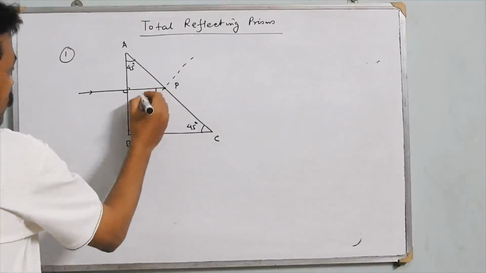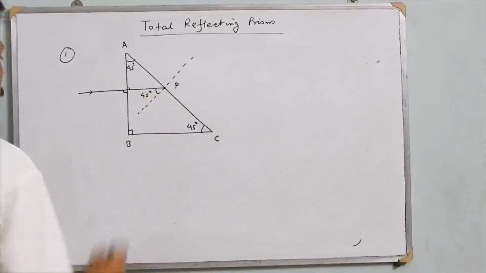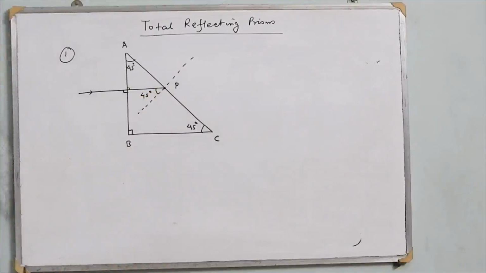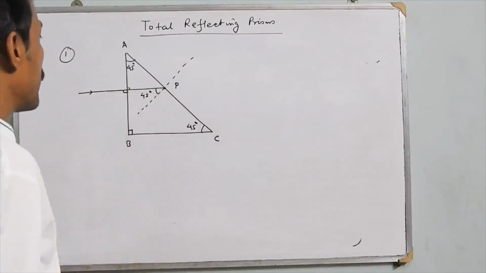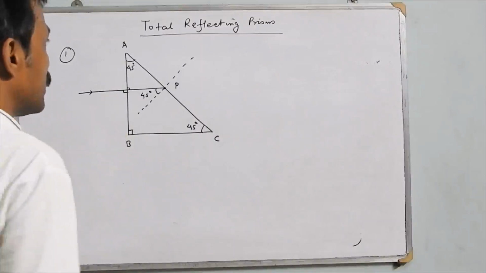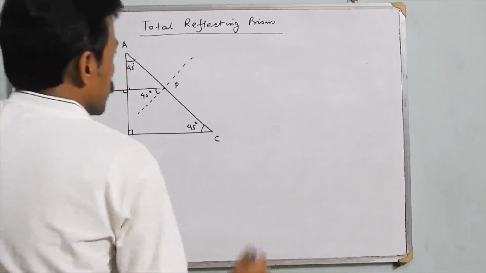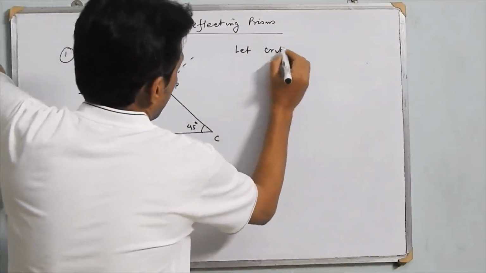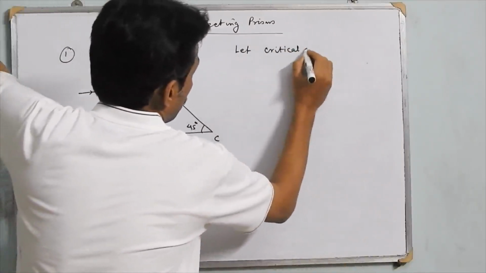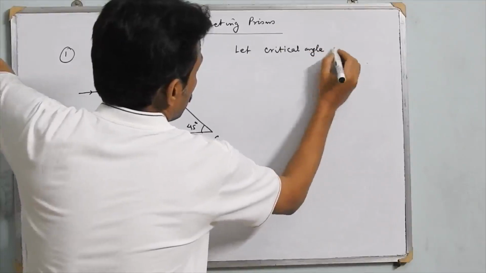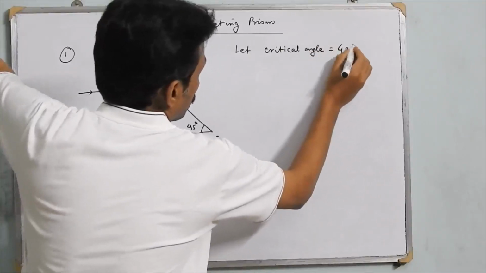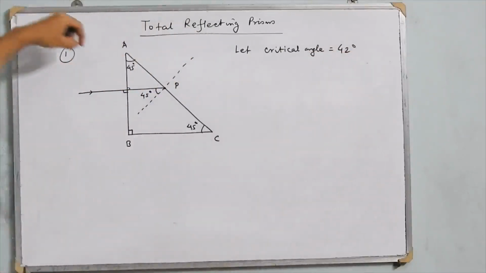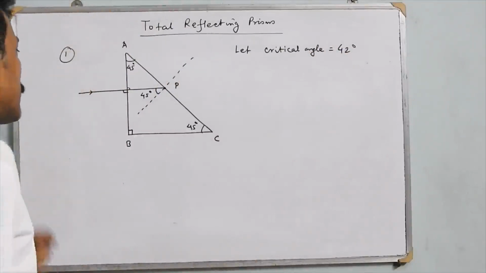So this angle is also 45 degree. Suppose it is given that the critical angle for air versus glass is 42 degree. Let critical angle be equal to 42 degree. Suppose the critical angle between glass and air is 42 degree.